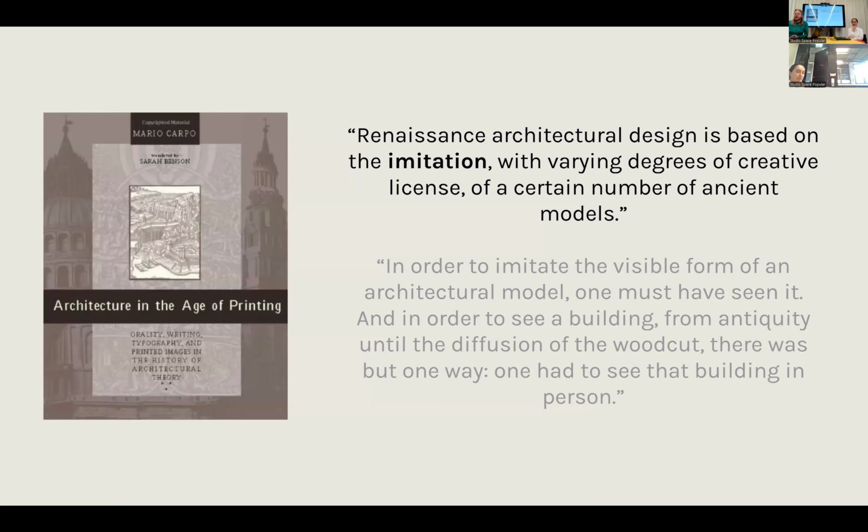One very interesting and important book by a former Angewandte professor, Mario Carpo, a book from the mid-90s, Architecture in the Age of Printing, speaks specifically about Serlio and this time, about a style that is the first architectural style that's really meant to be imitated, where the media object is somehow the point, and every building is a kind of avatar of that book, and then increasingly other books.